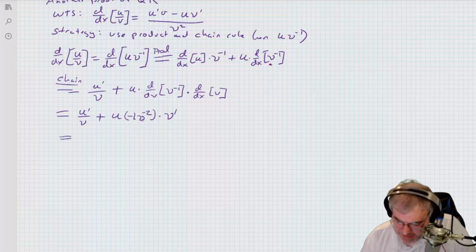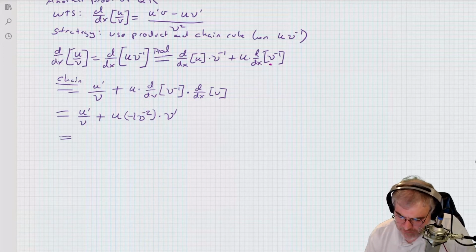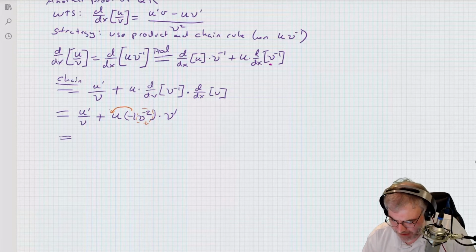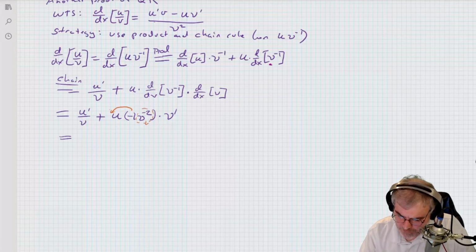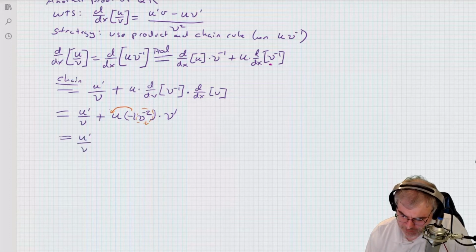Now this negative 1 is going to come out, and this piece right here goes down to the bottom. So I wind up with u prime over v plus, minus, because I've got a negative 1 now floating around, u v prime all over v squared.